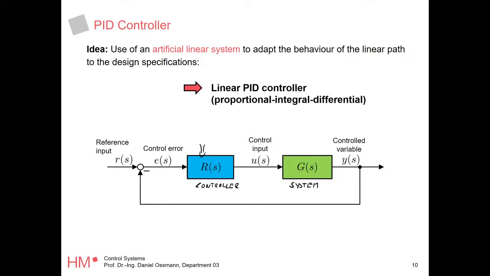It's your responsibility as a control design engineer to choose the controller and make the closed loop system behave as you want. While the system is given, you cannot per se change that. I mean, you can change it, but you need to do a reconstruction.